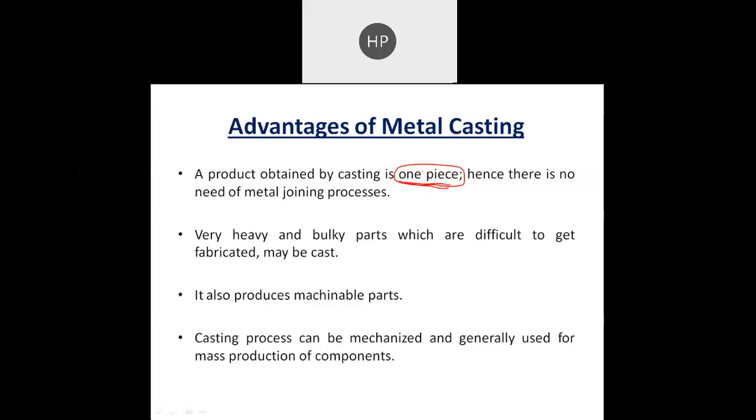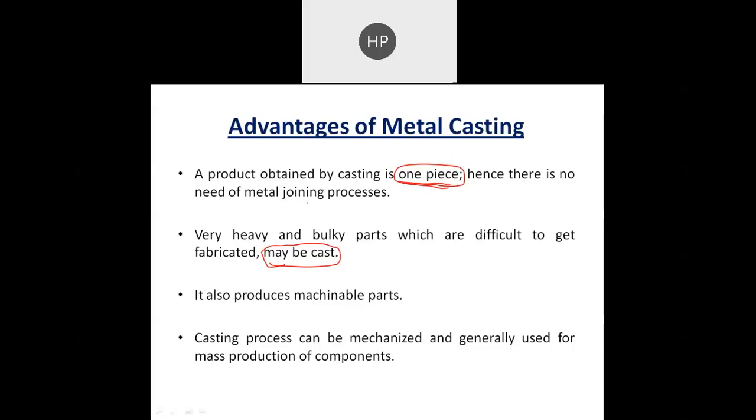Then very heavy and bulky parts which are difficult to fabricate may be cast. Suppose you want to do machining: that heavy and bulky raw material is very difficult to fit on the machine, because a lathe, drilling, shaping or milling machine has certain limits, and within that limit only it can produce a product.